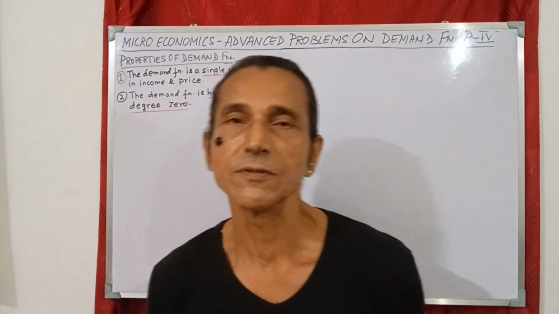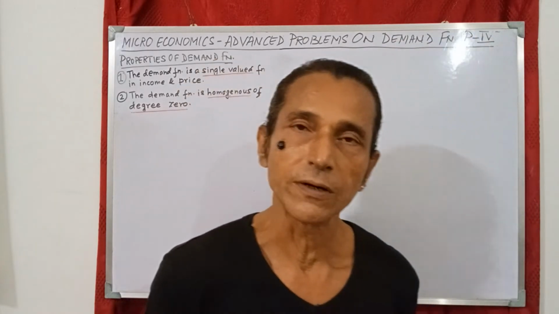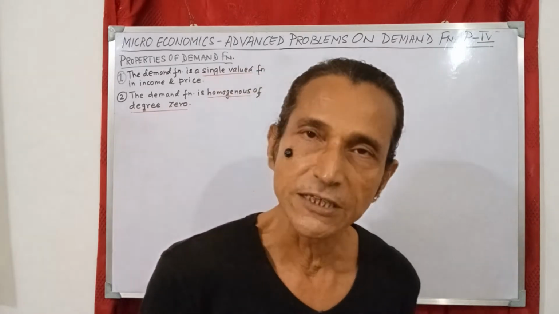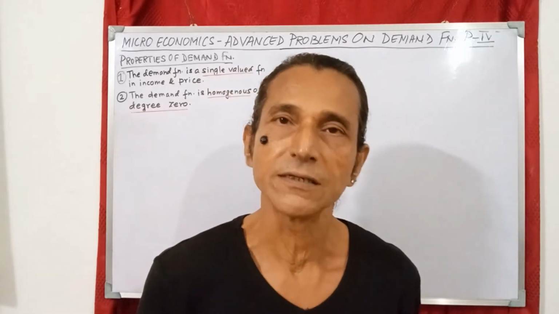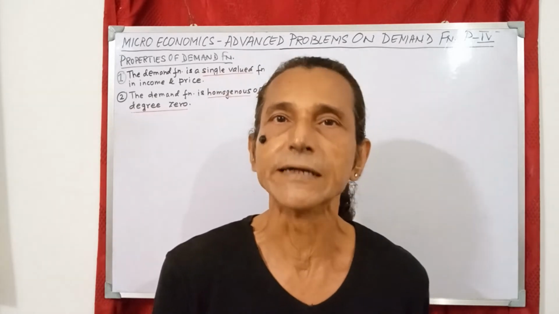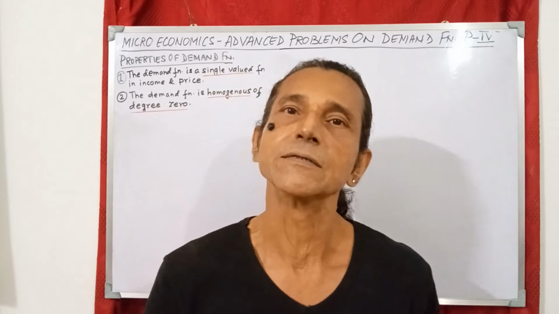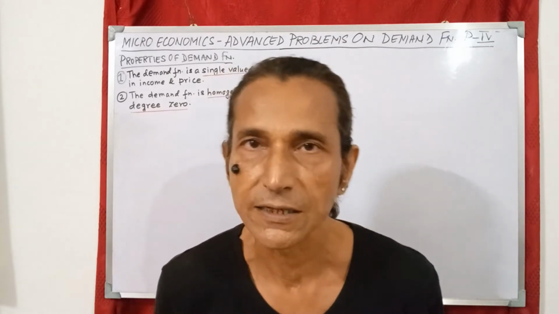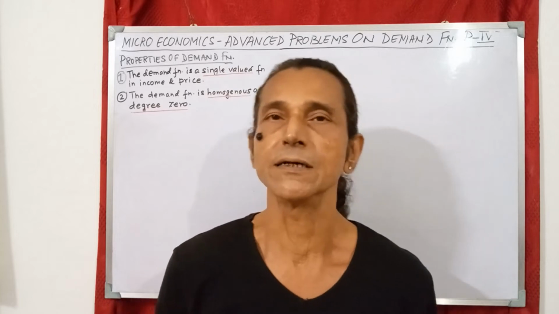This means if the income of the consumer and prices of the commodities change in either direction, that is, they either increase or they decrease in the same proportion, then there will not be any change in the quantity purchased by the consumer.